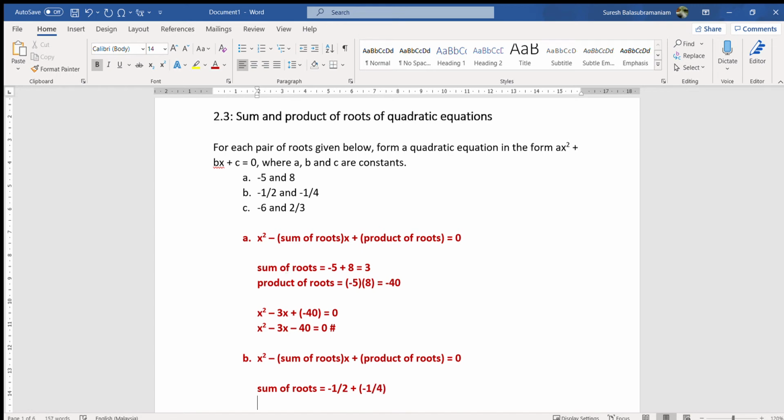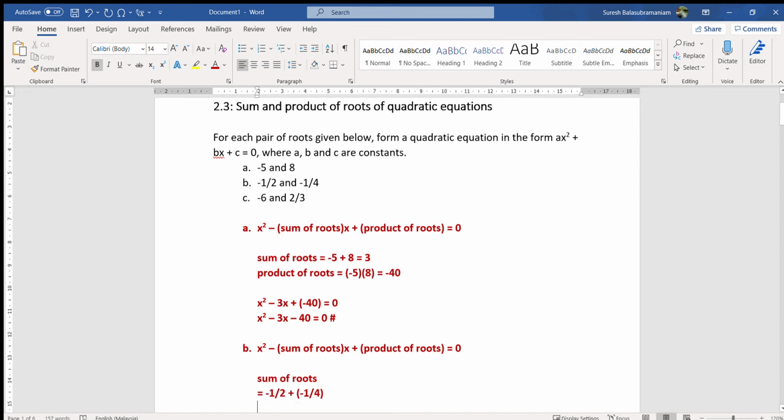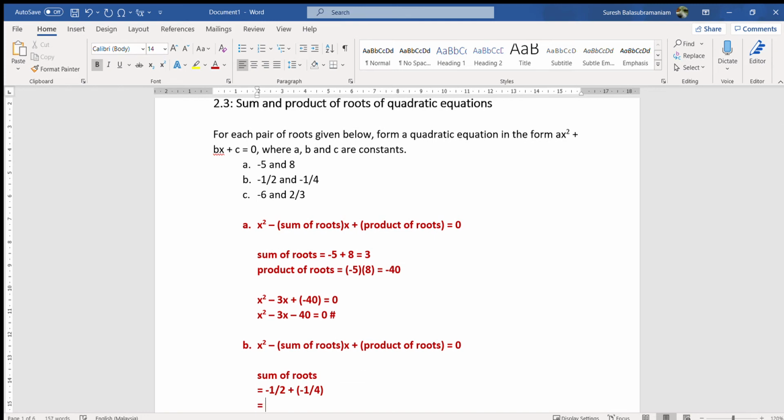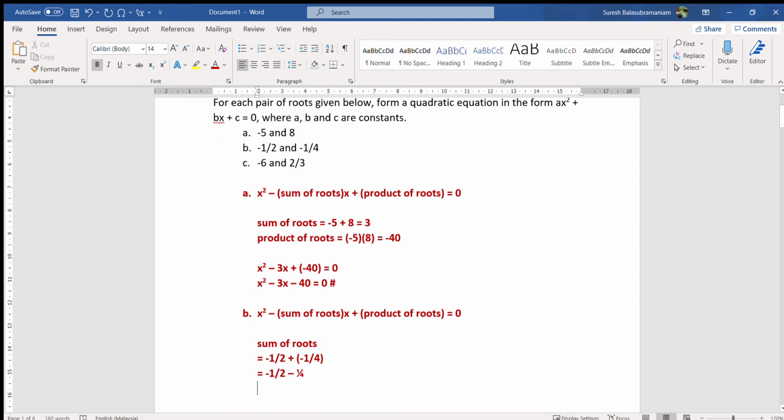Okay, you can solve this. -1/2 minus 1/4 equals to -2/4 minus 1/4 becomes -3/4. Okay, -2 minus 1 is -3, -3/4.